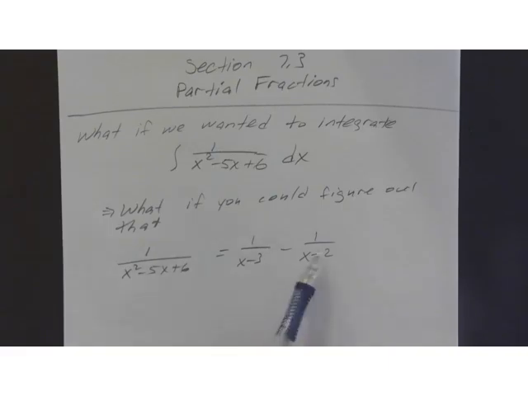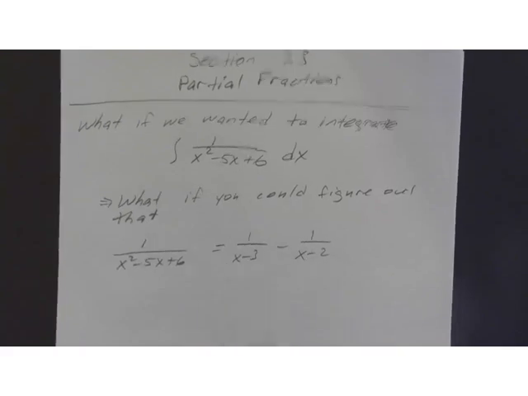And you can double check. All you have to do is multiply the first term by x minus 2 over x minus 2, and the second term by x minus 3 over x minus 3, and then just simplify.